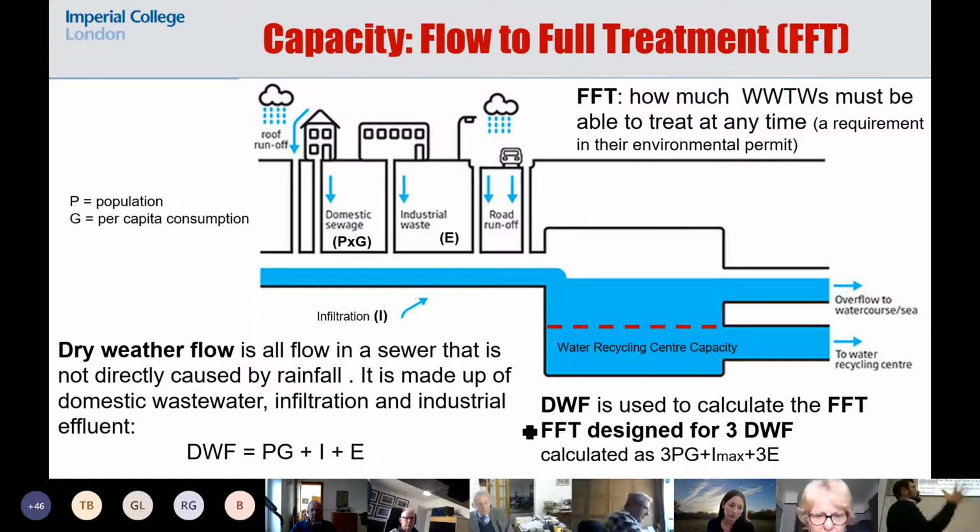So treatment works are designed based on 3 times dry weather flow, so that anytime you have more rainfall than that, you would use the overflows. So you can see here, for example, normally if you have a combined system, the capacity of the plant would cover just enough, 3 times the dry weather flow, and the remaining amount will just be discharged into watercourses.